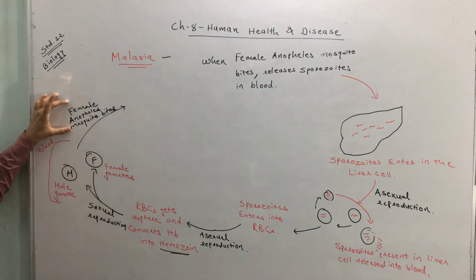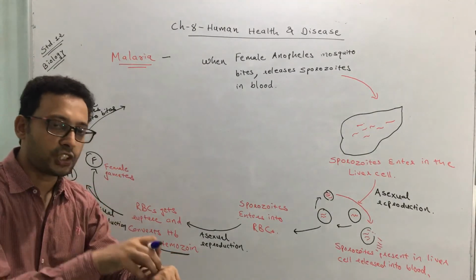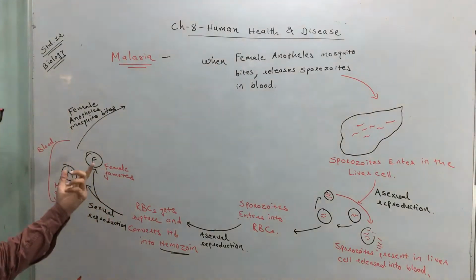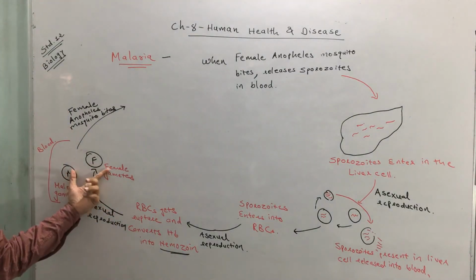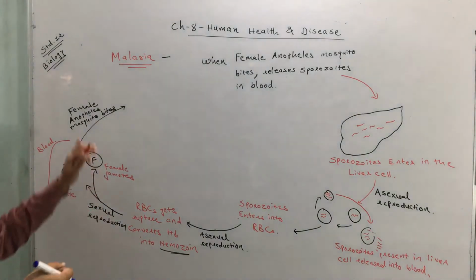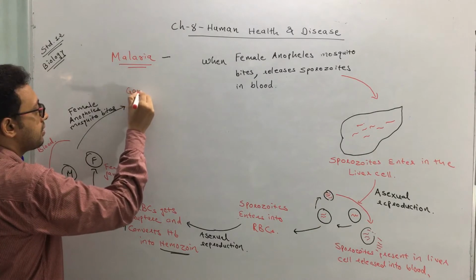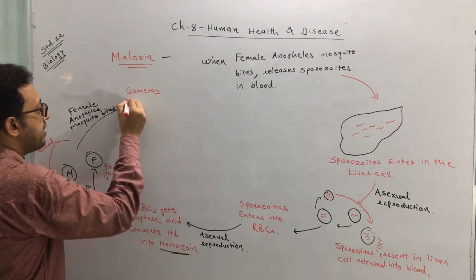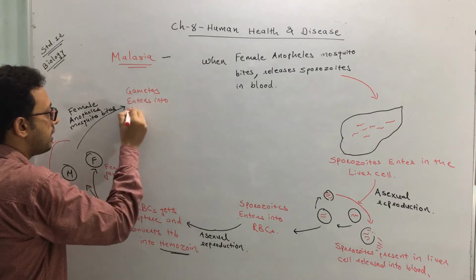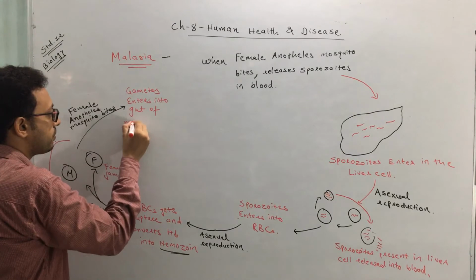When another female Anopheles mosquito bites, obviously you know the role of the mosquito: it is biting for sucking of blood. But now the blood has these male and female gametes, so they are also going to be sucked out along with it. The gametes enter into the gut, the stomach of the mosquito.